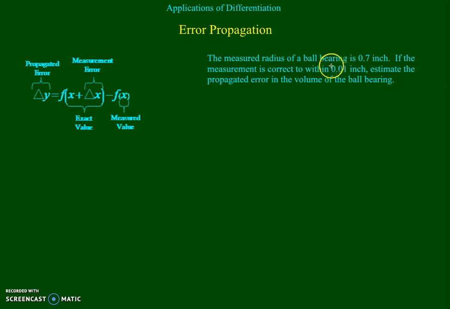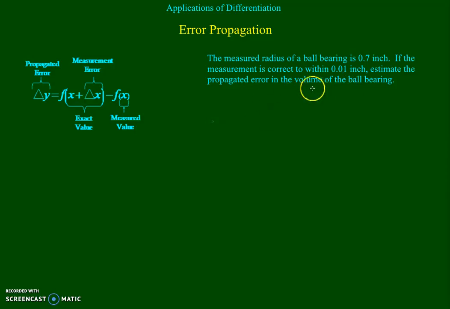So this ball bearing has to take the load of the car pressing down on the axle while the axle is rotating inside. So that's what a ball bearing is. And so the measured radius of the ball bearing is 0.7 inches.